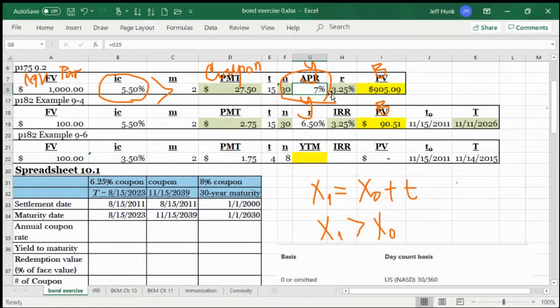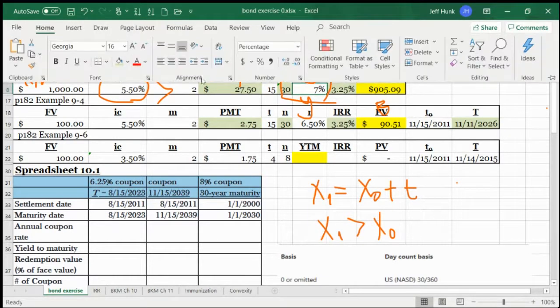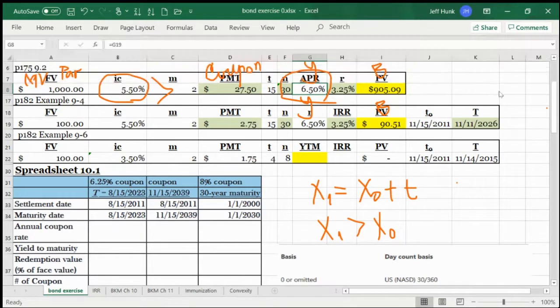Then, what do you get? You get 905.09. Okay, 905.09, right? So that's what it is. I mean, 9 cents is almost 10 cents, rounded to 10 cents.